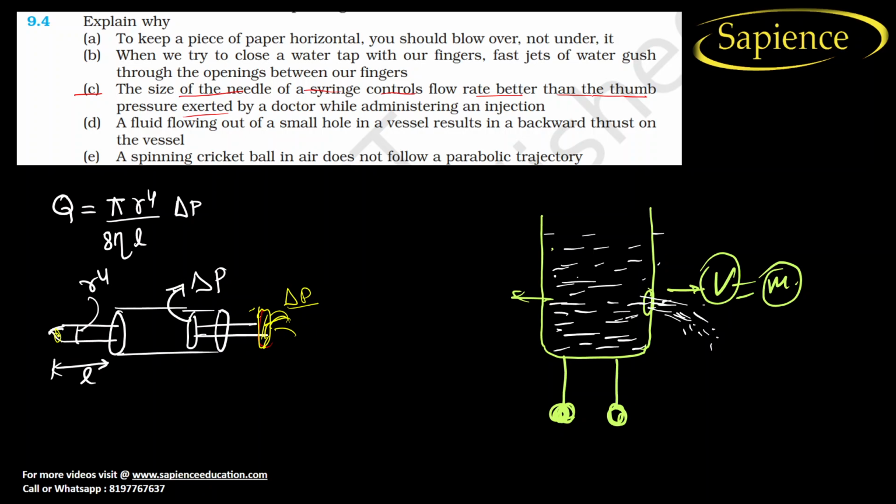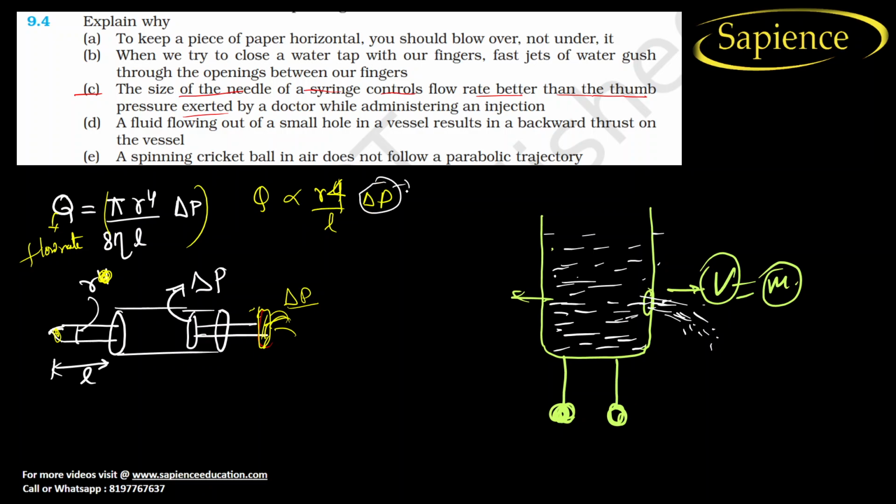Now what exactly happens? This is a small needle opening, it has a radius r and a length L. The flow rate Q is controlled by this. So the flow rate Q is dependent on r to the power 4 and L and delta P. Now see here, how many factors are controlled by the doctor?